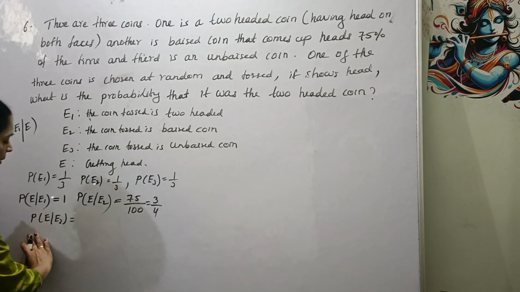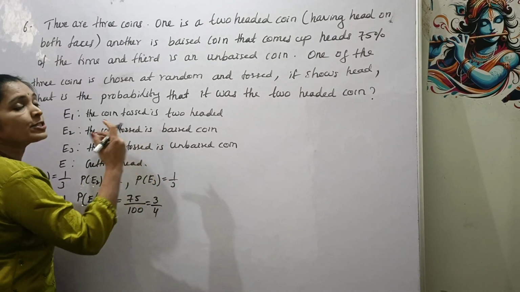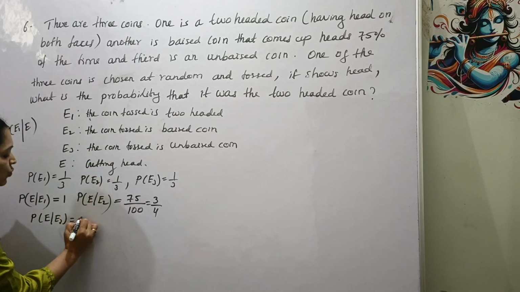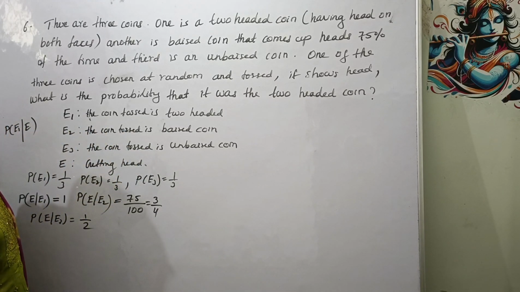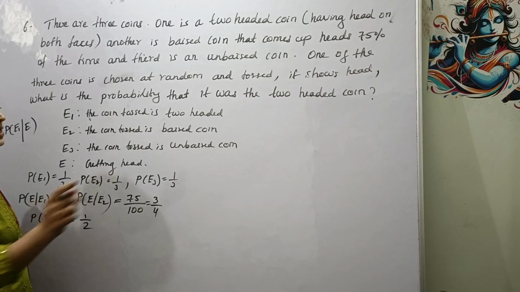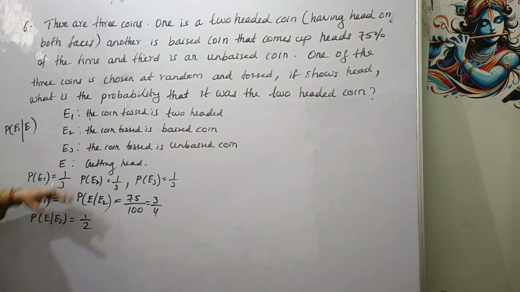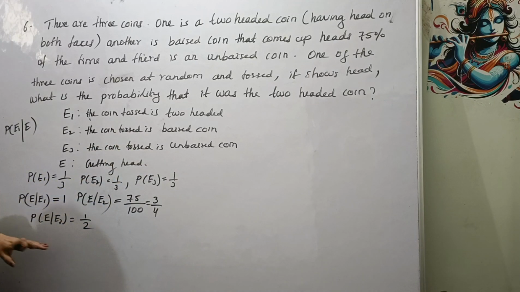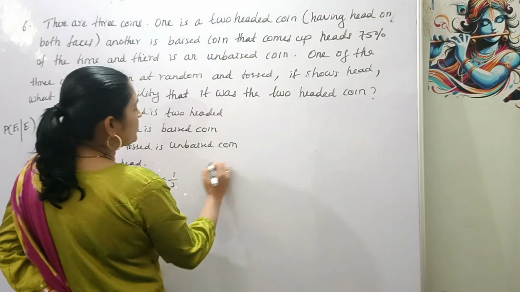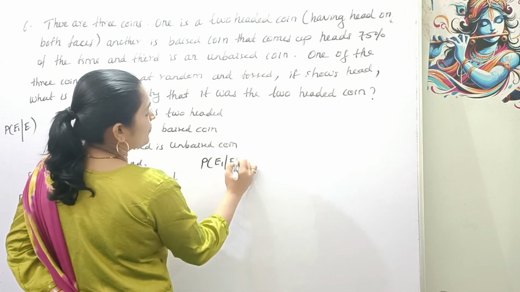So the probability of getting head given that the third coin is tossed is 1 by 2. Okay. Now we have to find probability of E1 given E.